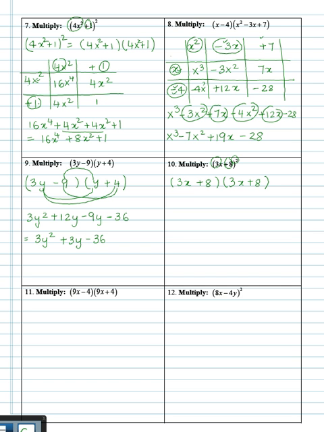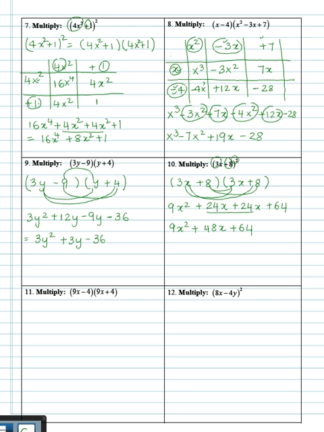And again, the FOIL way, 3x times 3x, 9x squared, 3x times 8, 3 times 8 is 24x. 8 times 3, 24x. 8 times 8, 64. When I combine them, I have 9x squared plus 24x and 24x are like terms, 48x plus 64.